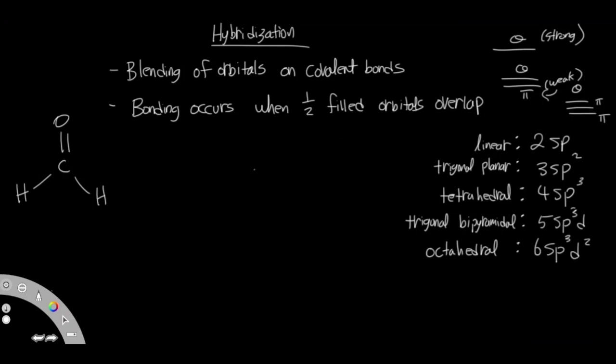So let's draw this out. We know that a carbon is a 1s, 2s, 2p. And the hydrogens are the 1s's. And then we have an oxygen. We can actually draw out the whole thing if you would like.